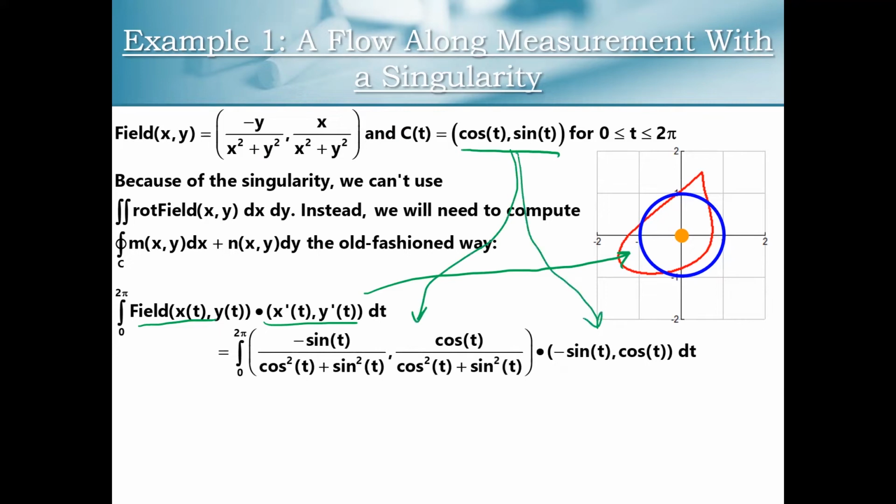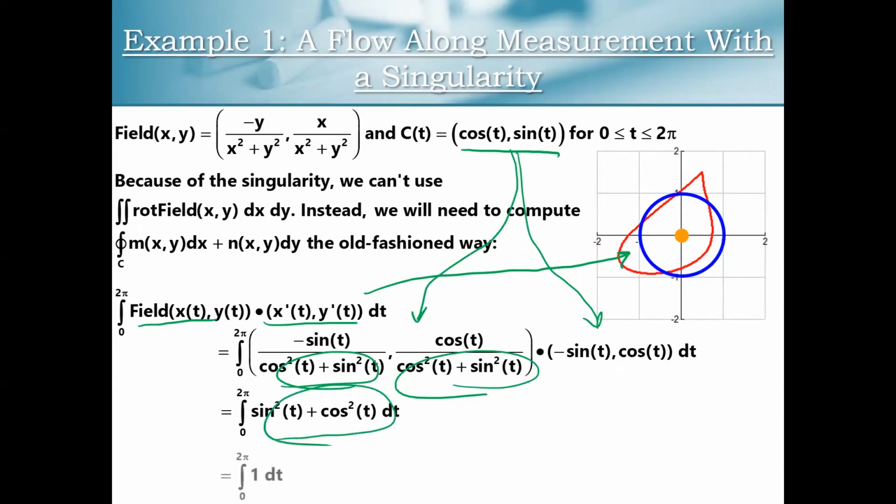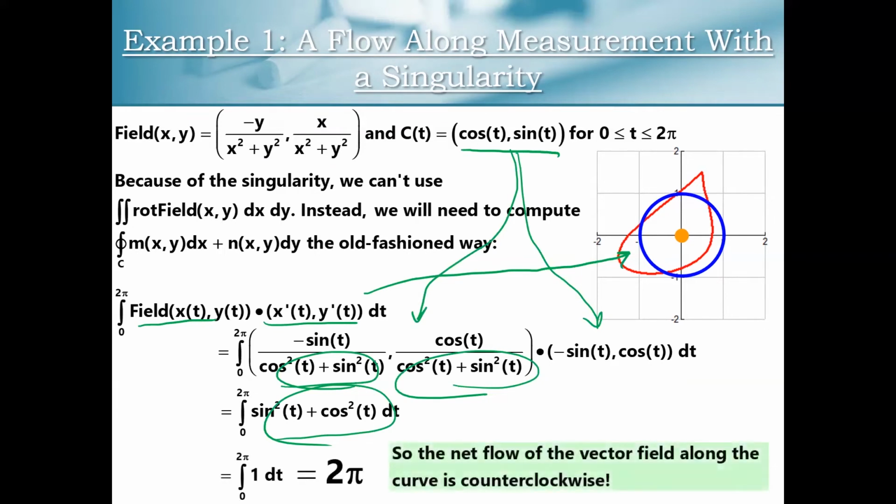Now, when you go ahead and take this dot product, you get a huge amount of simplification. This is worth verifying on your own, but you end up getting a Pythagorean identity in these denominators, and then when you take the dot product, you get another Pythagorean identity again, and your path integral works out to 2 pi.